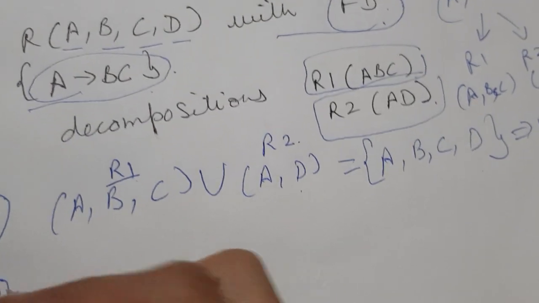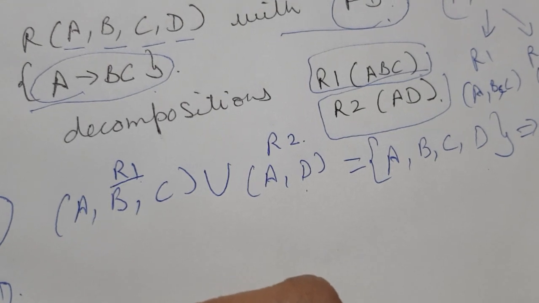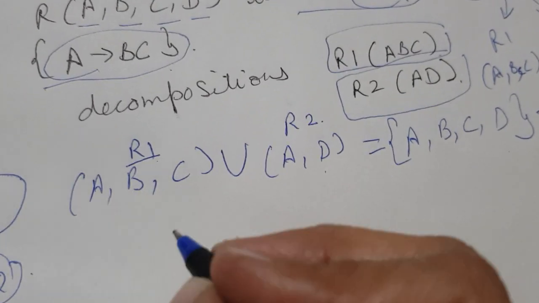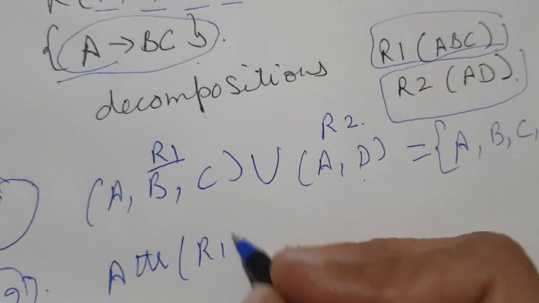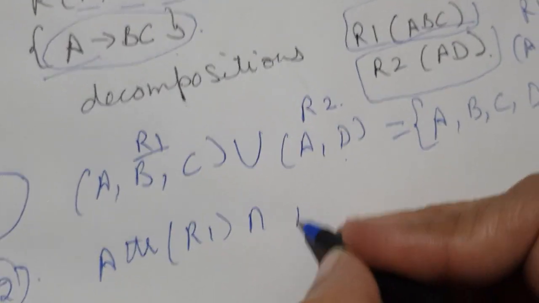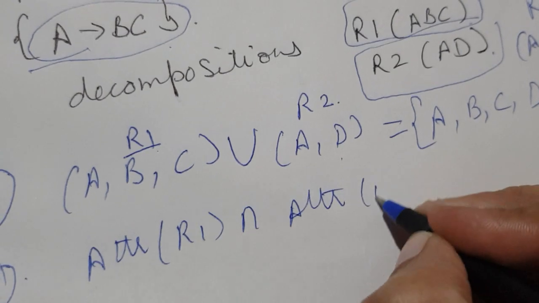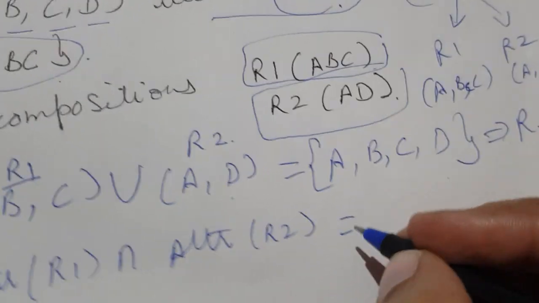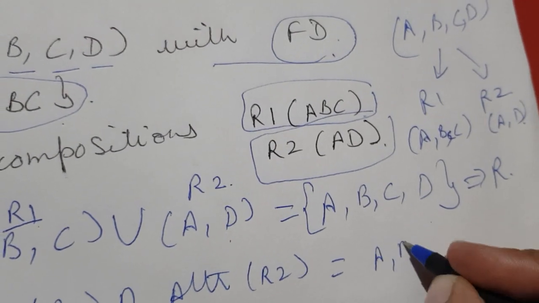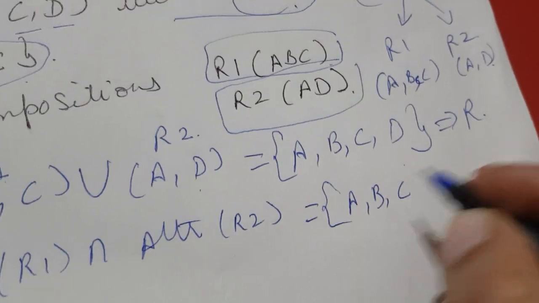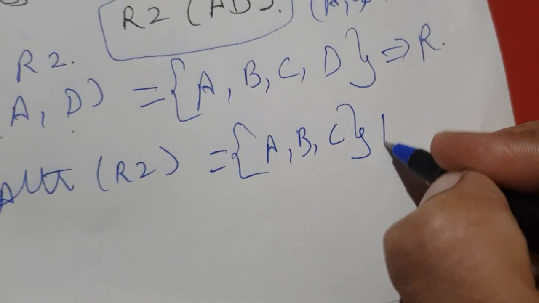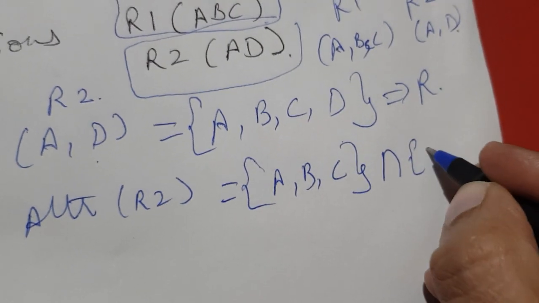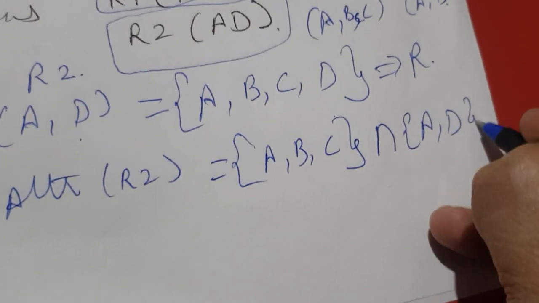Once we have checked this, the second condition says we have to work on the intersection part, that is attribute of R1 intersection attribute of R2. Here we have A, B, C in R1 and A, D in R2.